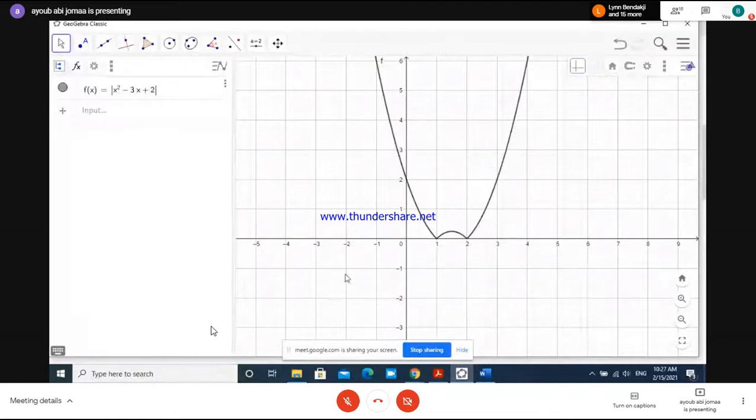It is not differentiable at 1 and not differentiable at 2. Between 1 and 2 it is differentiable. When x is less than 1 it is differentiable, the curve is smooth. Between 1 and 2, open interval, the function is differentiable. On the open interval 2 to infinity, the function is differentiable. It is not differentiable only at 2 points, at 1 and at 2.